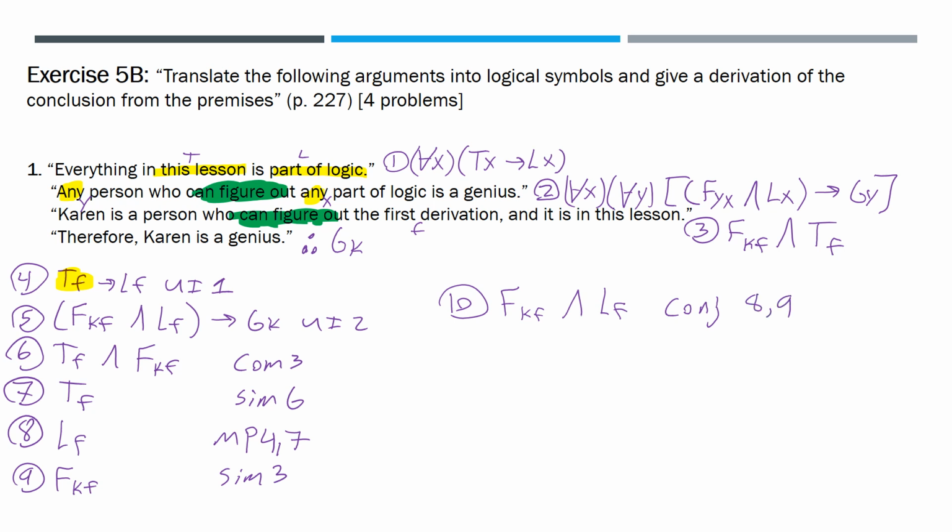And now we can do another modus ponens inference with line 5. So for 11, we can now get Gk by modus ponens 5 and 10. So Karen is a genius does follow.